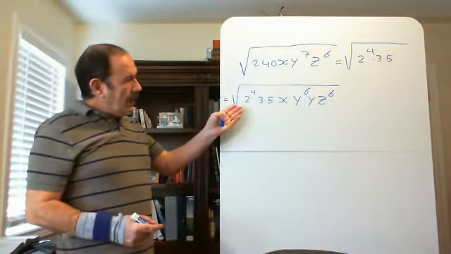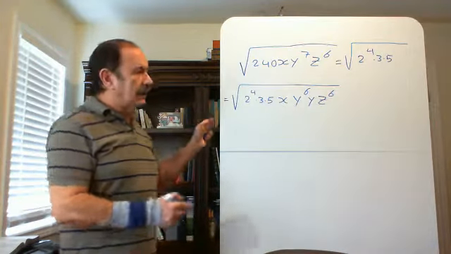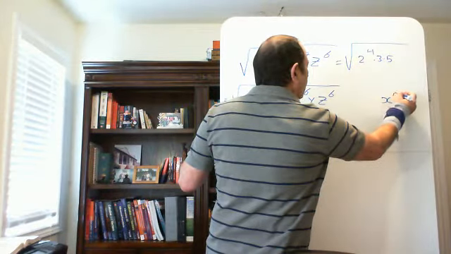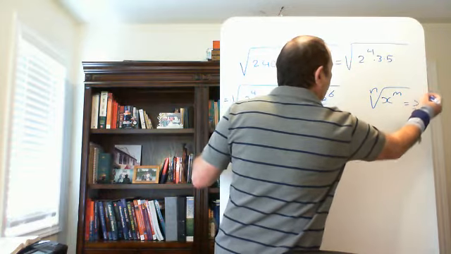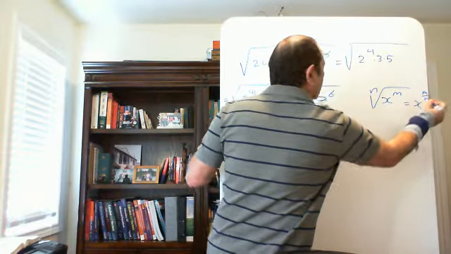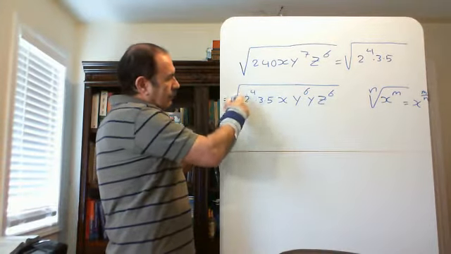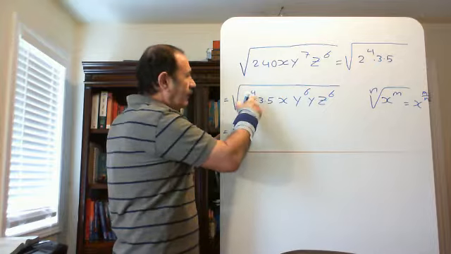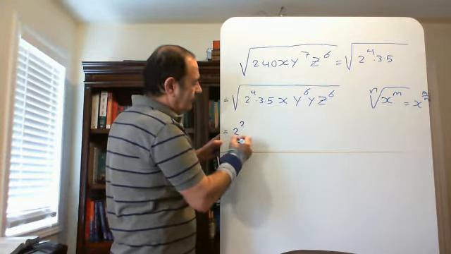Now, I can take out all the even exponents out of the radical by using this formula: the nth root of x to the power of m is x to the power of m over n. By using this formula, I'm going to take this one out. So 2 to the power of 4 divided by 2, the index, is going to be 2 to the power of 2.